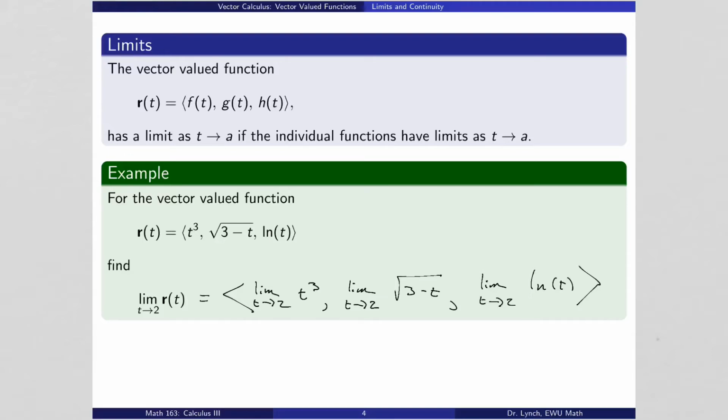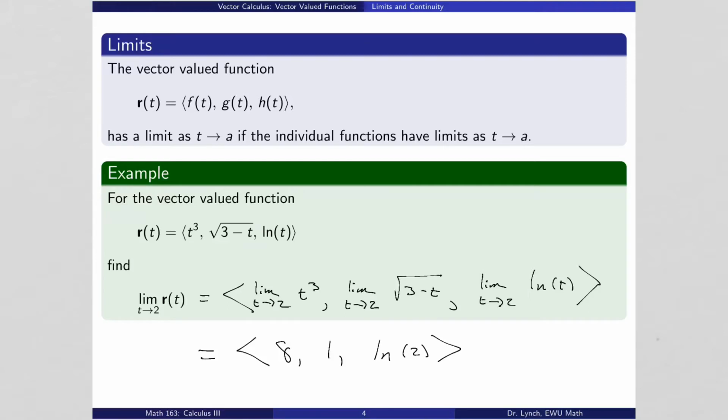And you can see that in this case, we come up with 8, 1, natural log of 2. That's a perfectly good vector in R3, and that's the limit of this vector-valued function. Of course, just like in Calc 1, we know that limits may be infinite or not exist, and similarly here, that makes it so that the limit of the vector-valued function doesn't exist.